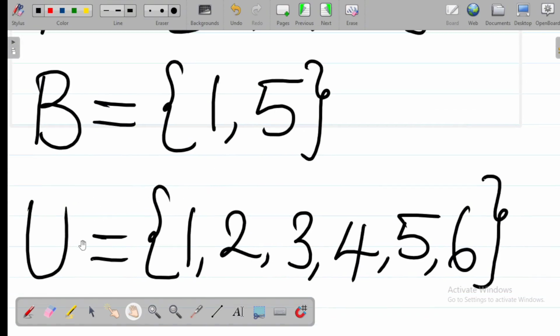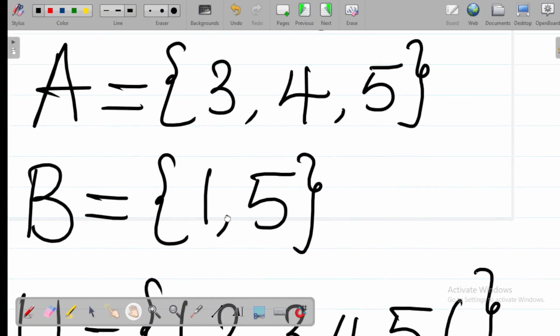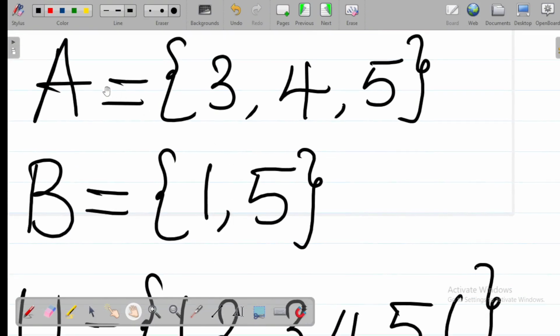So the reason why it is called universal set is because it contains all the elements that are being considered. Set A elements are found in the universal set. Set B elements are also in the universal set. So that's what makes it a universal set.